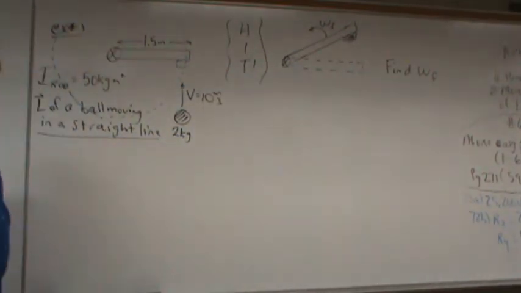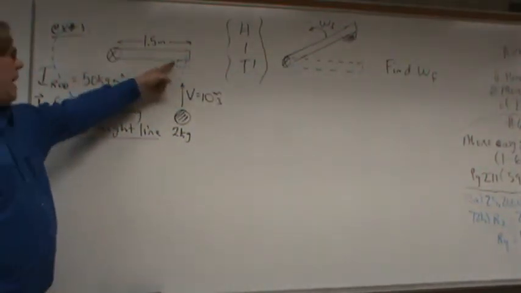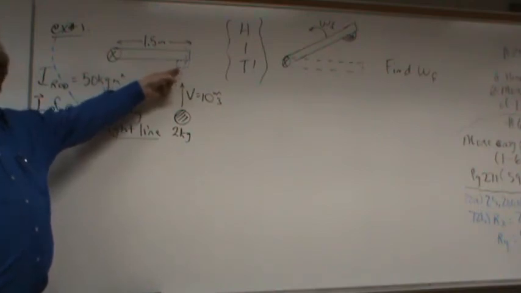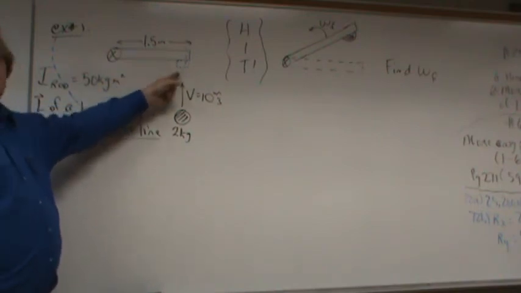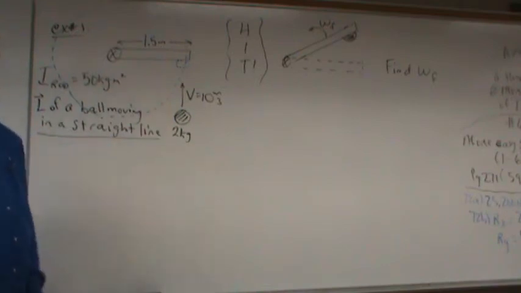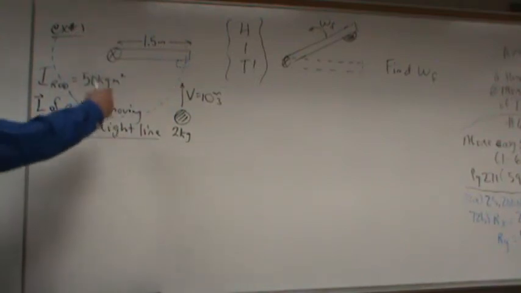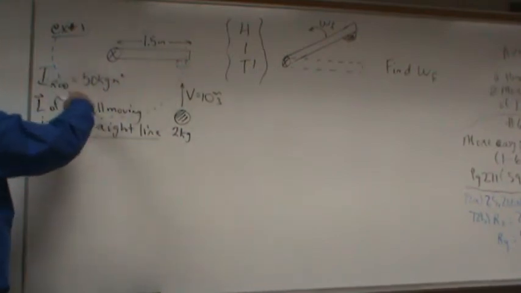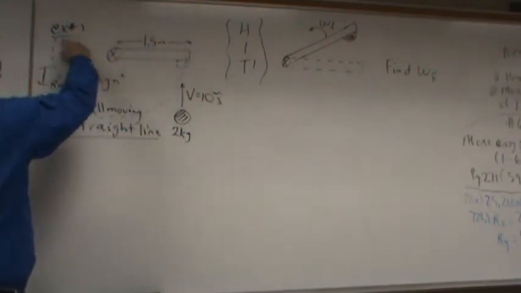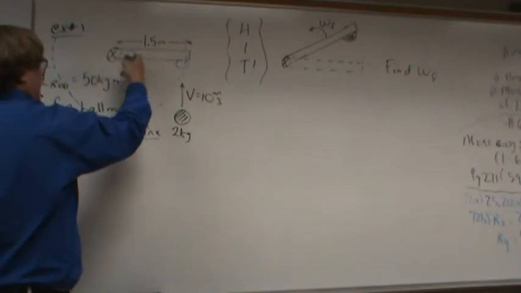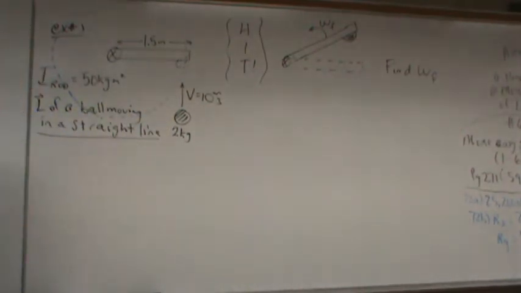So I just want you to see that this guy sees the ball as having rotation. This rod sees the ball as having an angular momentum. The only thing that's kind of tricky is, as far as the rod is concerned, his radius of rotation is the same as himself. The radius of rotation of that ball is 1.5 meters.